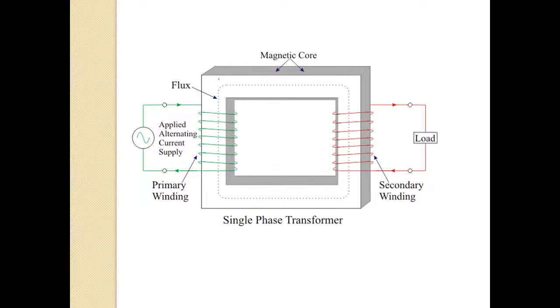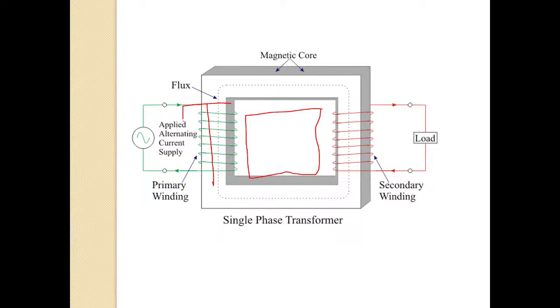You can see here there is a core. This square shaped structure is the core. Inside this portion it is hollow, simply air will be there.